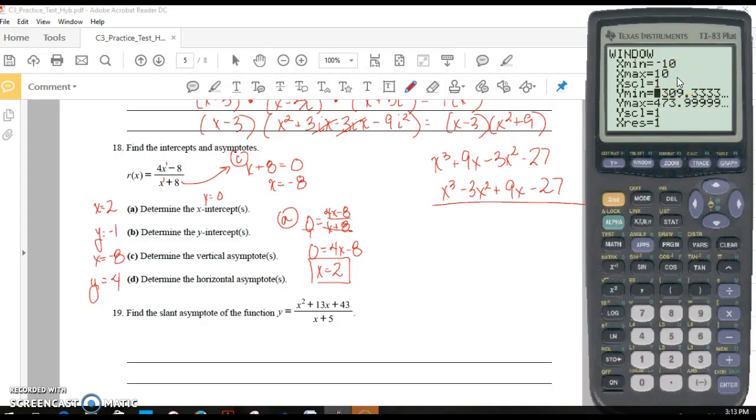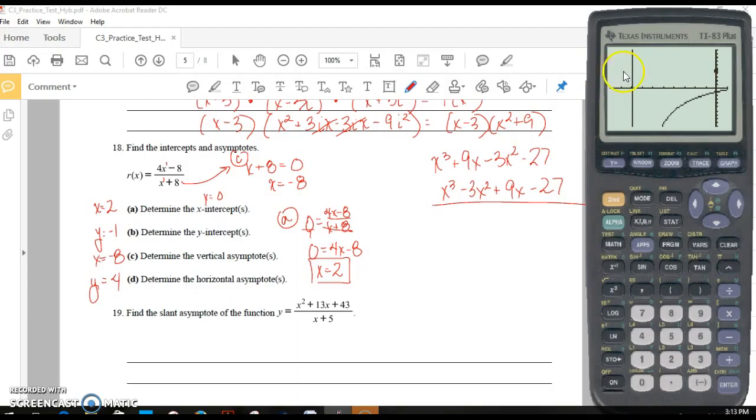I probably don't need a y min of 300. That might be pushing it a little bit, so we'll get rid of that. And I certainly don't need a y max of 300. But let's do this x max of 1 so that we can kind of shift the graph a little bit. There we go. So there's the x equals negative 8.